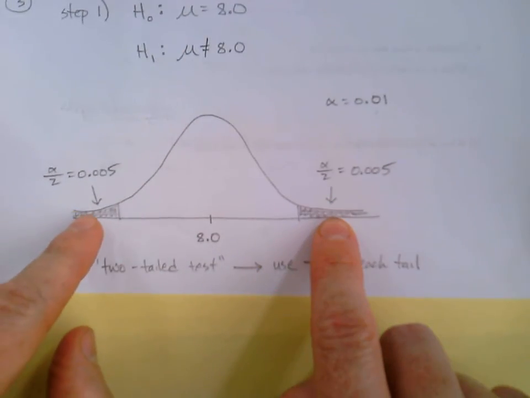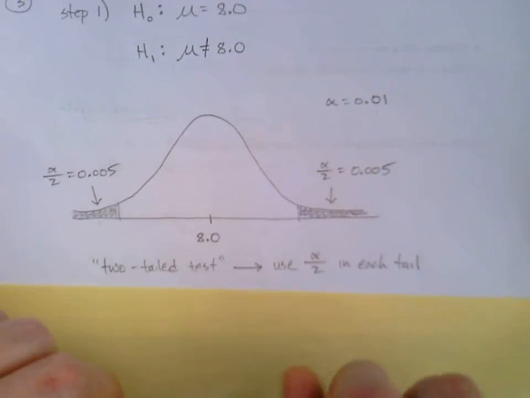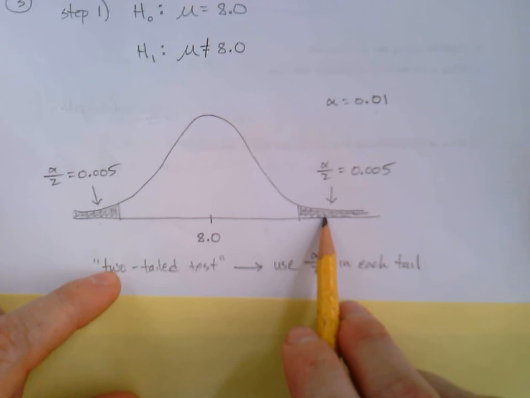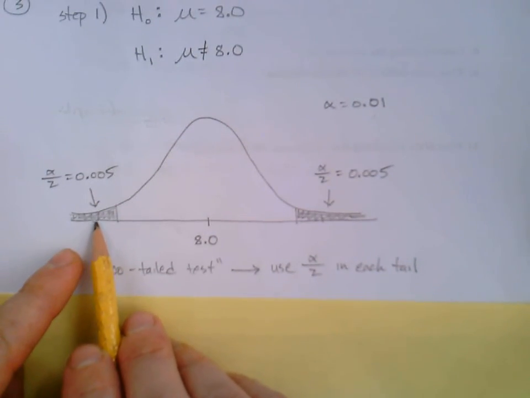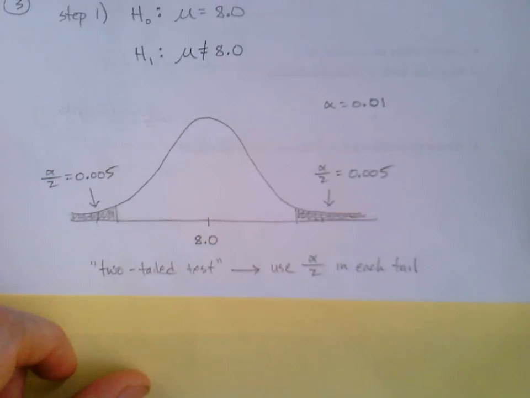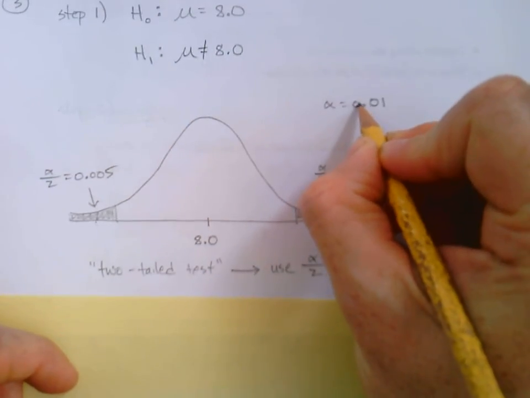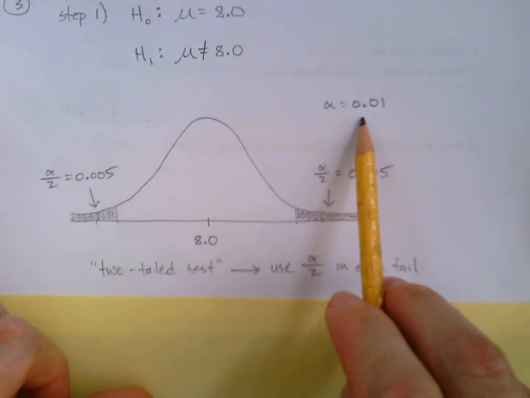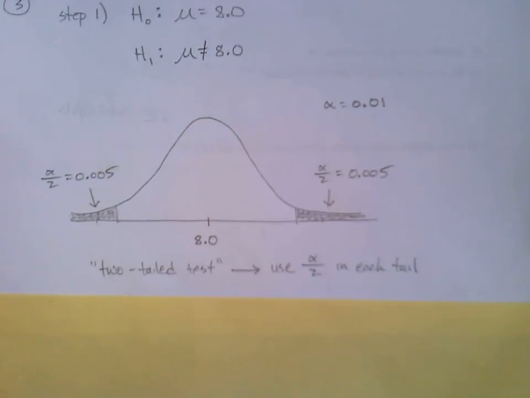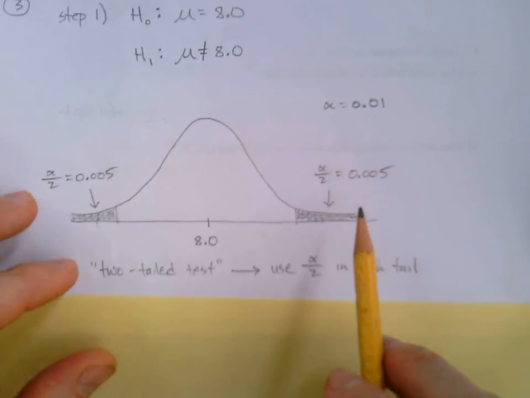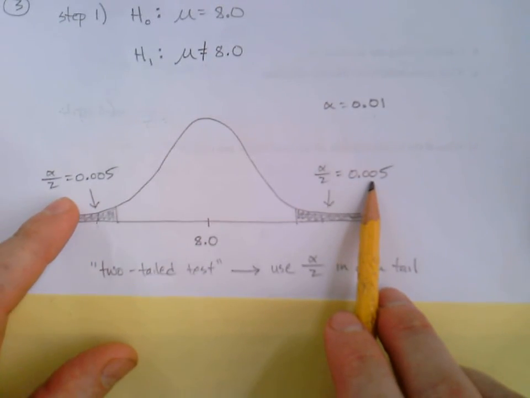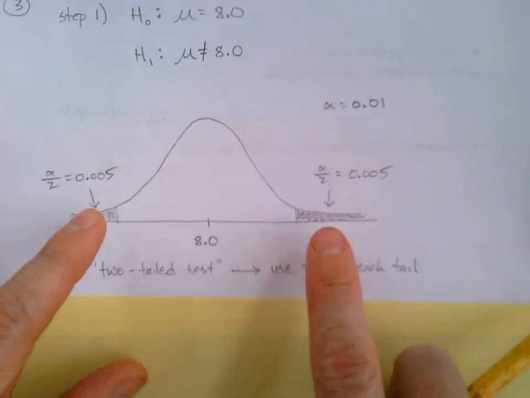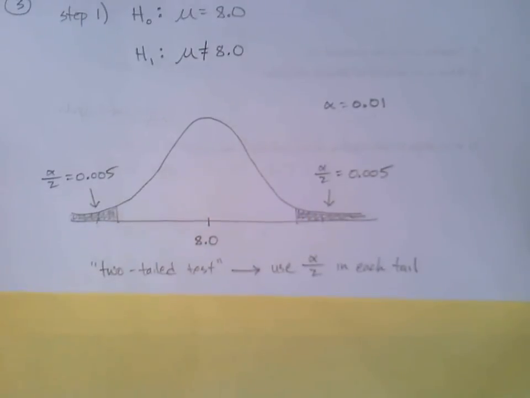The other half of your alpha, you put it at the bottom, because when you look at your sample data, if you land up here, that's enough evidence, and if you land down here in this shaded region, that's enough evidence. A statistician would know that going in. They would know if this is going to get cut in half or not, so they would adjust accordingly. So you might argue the 0.005 is really the significance level, but because it's high and low, we put it together and we just call alpha 0.01.